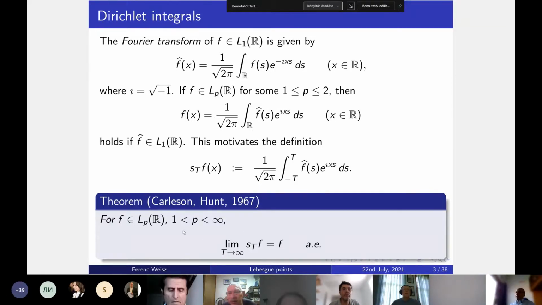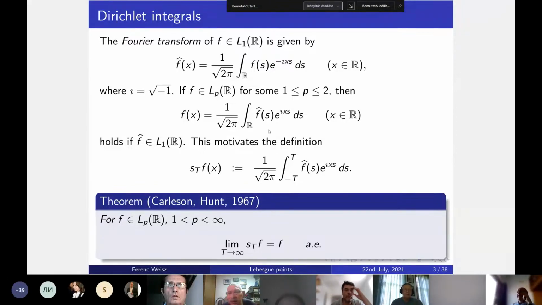This is not true for p equal to 1. Then we don't have convergence. It was proved by Kolmogorov. So if we want to extend this result for p equal to 1, then we have to consider a summability method.